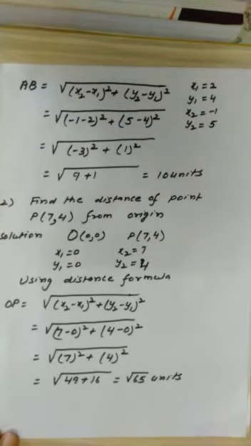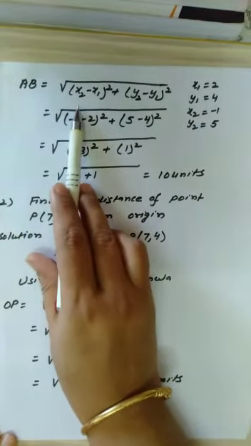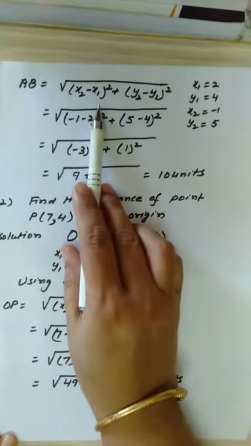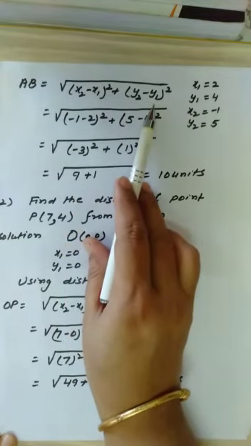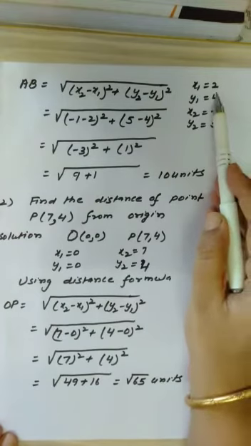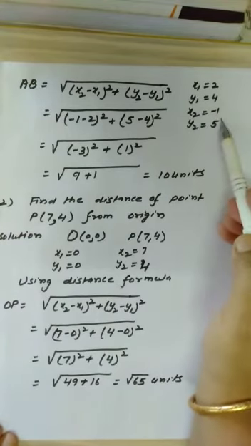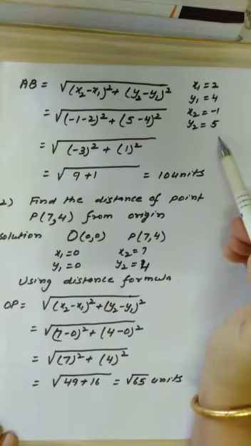Now we know that the distance between any two points is given by the formula distance is equal to square root of (x2 minus x1) whole square plus (y2 minus y1) whole square. Here x1 is equal to 2, y1 is equal to 4, x2 is equal to minus 1 and y2 is equal to 5.